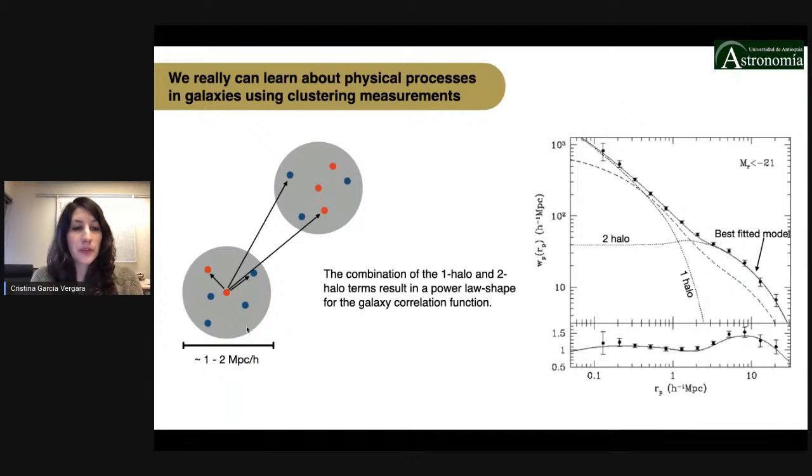The one halo term comes from counting pairs at small scales in which galaxies are within the same halo, and the two halo term comes more from galaxy pairs that inhabit different dark matter halos. These result in two different components of the correlation function that together make us measure power law shapes for basically all types of populations in the universe.